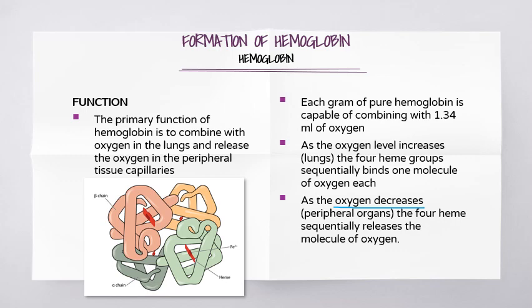Okay. Another good example is carbon monoxide poisoning. Carbon monoxide actually is much more favored by hemoglobin than oxygen.